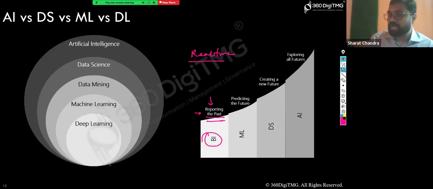But now businesses are trying to implement machine learning techniques to ensure whatever they understood in the past, the pattern that they observed, they use these scientific techniques to map that to the future. So we're saying that, yeah, this is how the business is growing.